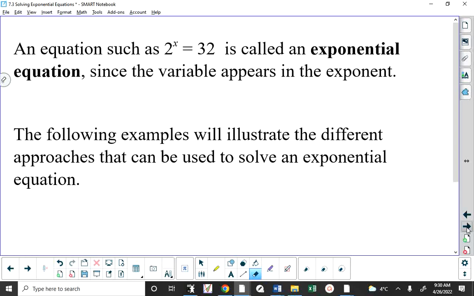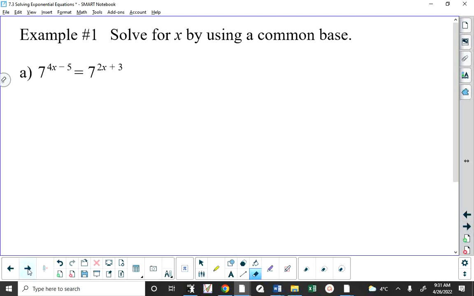So the first set of examples is going to illustrate one method that can be used to solve these. The first equation is childlike in its simplicity: 7 raised to the 4x minus 5 equals 7 raised to the 2x plus 3.